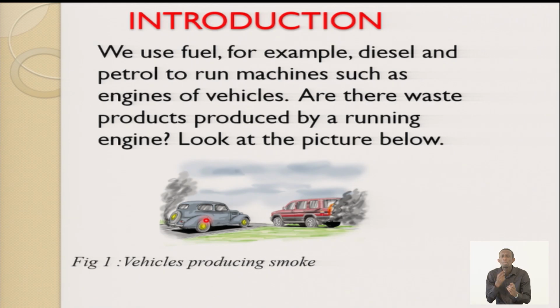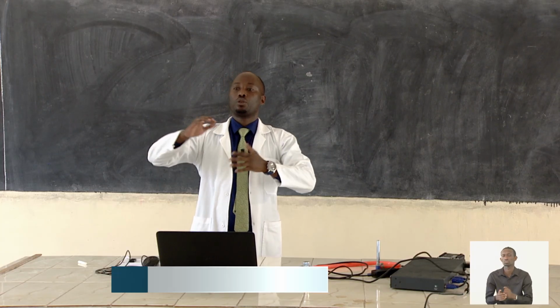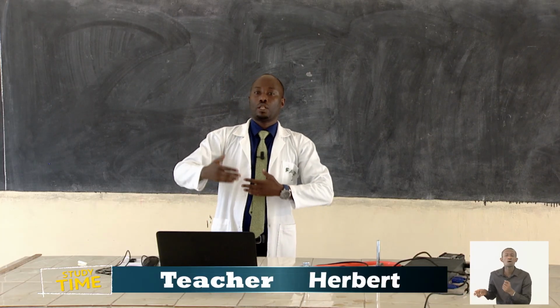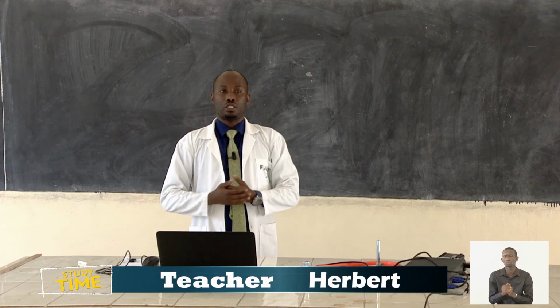Because if these waste products are not removed, they will affect their metabolism. They will affect their running activities. So they need to remove these waste products so that they perform their functions effectively.